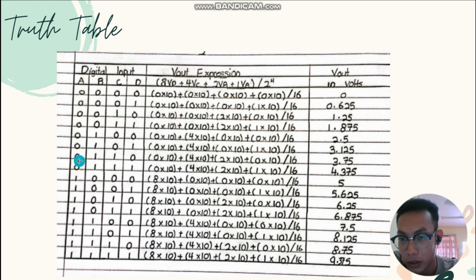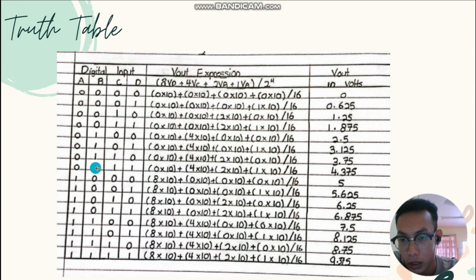After that, 0110 in binary, 0 times 10 plus 4 times 10 plus 2 times 10 plus 0 times 10 over 16, and we get 3.75 volt.